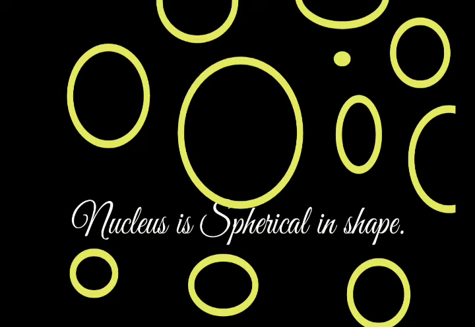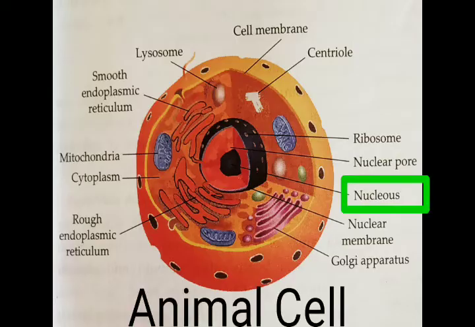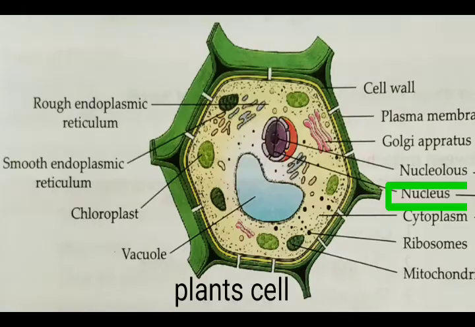Generally in animal cell it is located in the center, but in an older plant cell it is located at the corner, or you can say periphery. But in a young plant cell, nucleus is located at the center, right?